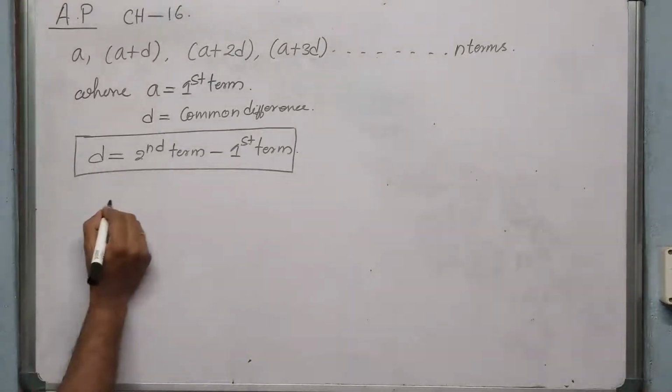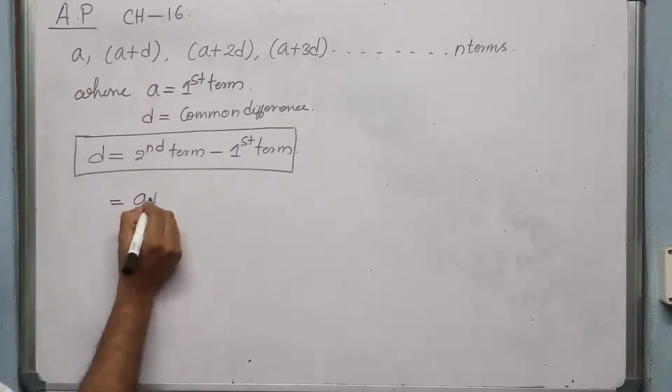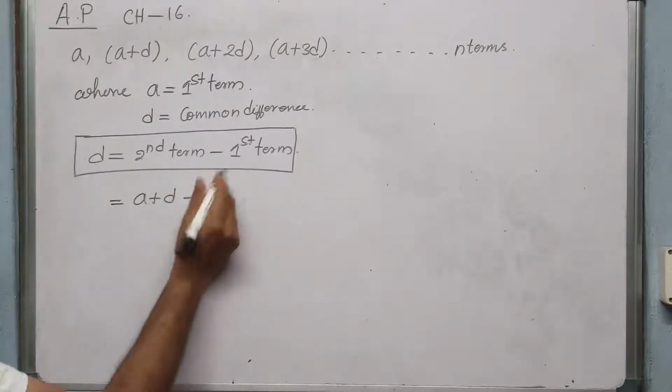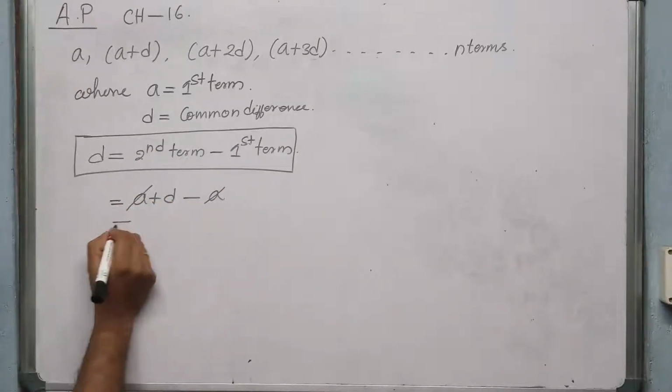Now let me calculate. The second term in this series is A plus D, minus the first term A. What will we get?